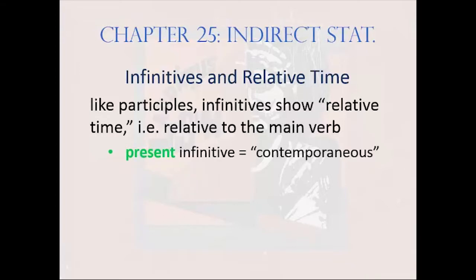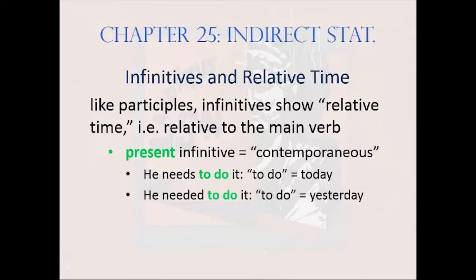Common sense tells you that, in the sentence, he needs to do it, the infinitive to do is happening at the same time as the needing. He needs right now to do it right now, today. But change the main verb to past tense, he needed to do it, and now it's all taking place in the past.